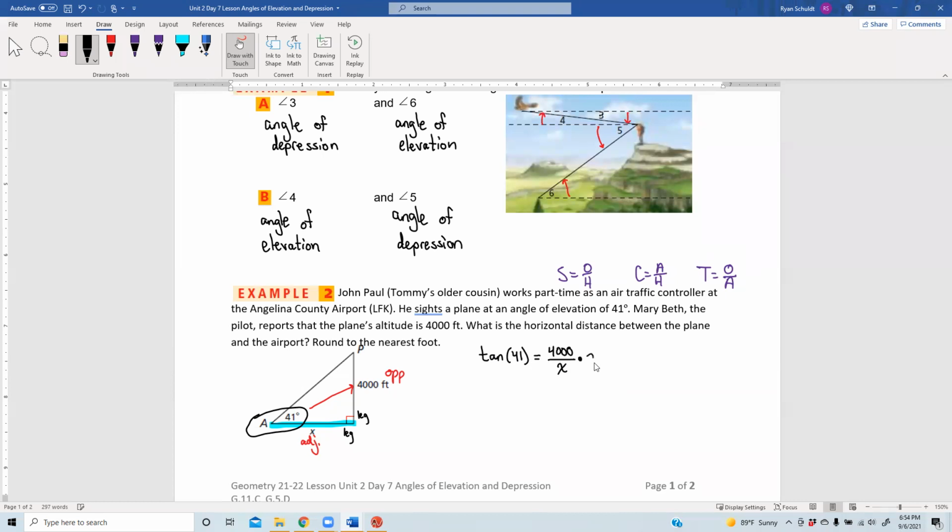Multiply by X on both sides. Those cancel. You get X times the tangent of 41 equals 4,000. Divide by the tangent of 41.